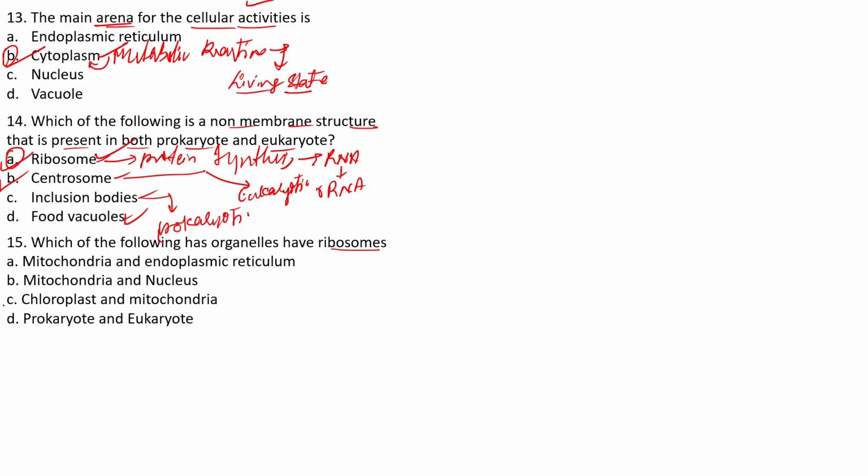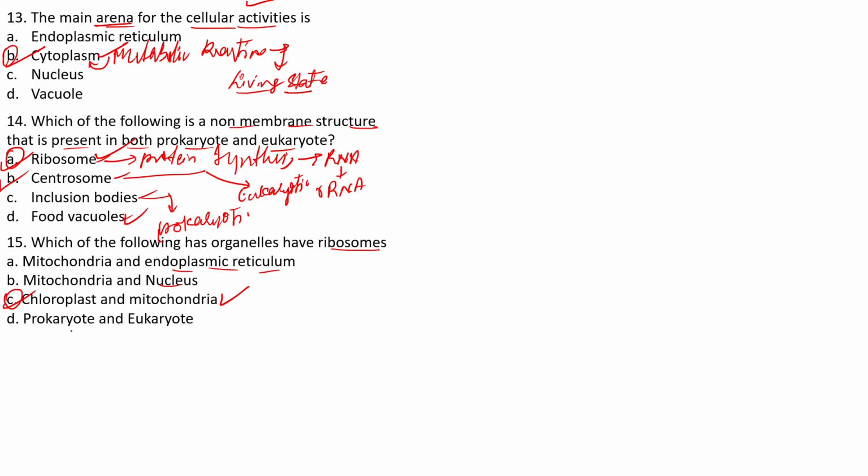So you know the answer. It is very simple: chloroplast and mitochondria. Even these two cell organelles have ribosomes, right? Nucleus does not have them, and endoplasmic reticulum also does not have ribosomes.